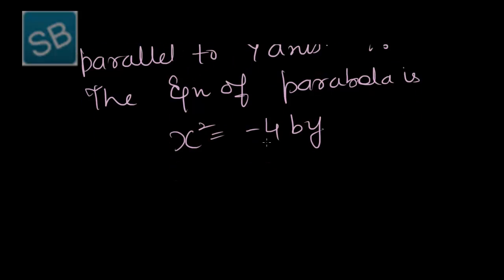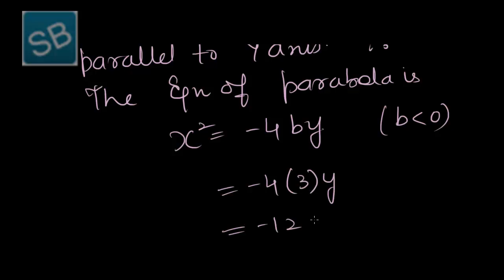Here we are taking minus 4b, just we will use here only b, that is minus b when b is less than 0. We use this form. So here we will take the modulus value of b, that is minus 4 into 3 into y, that is minus 12y.